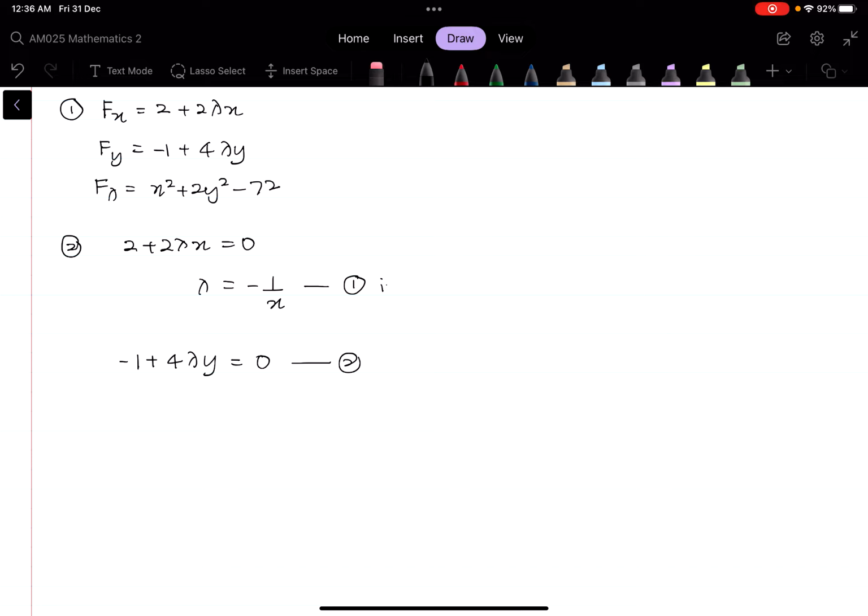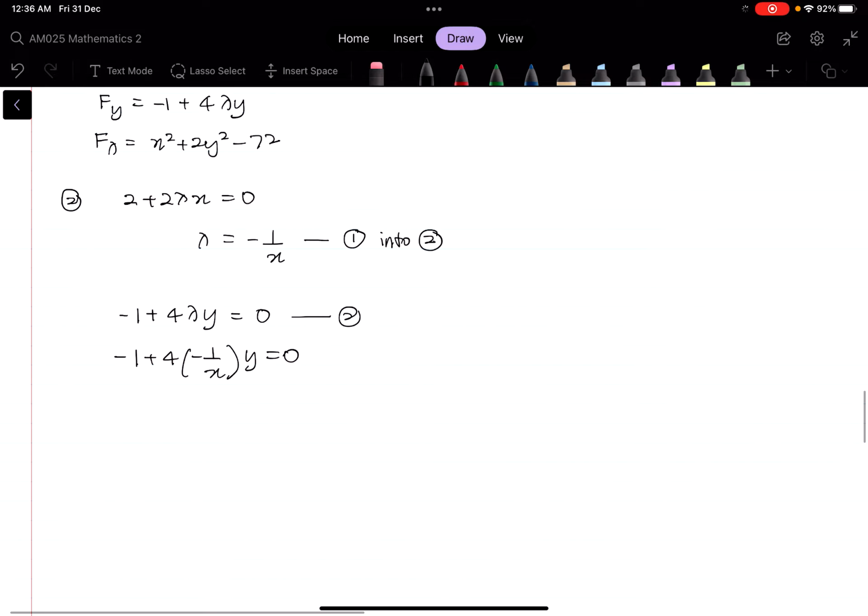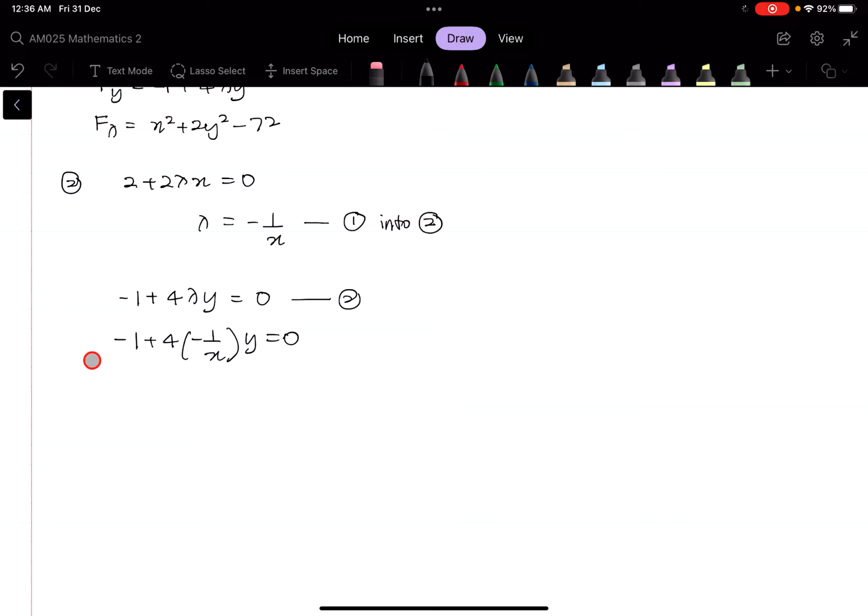So negative 1 plus 4 times negative 1 over x times y equals 0. Let us simplify this.